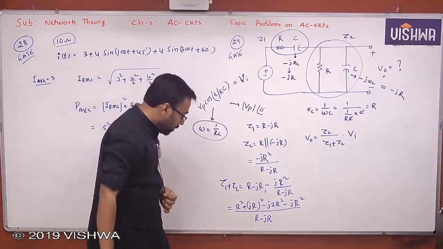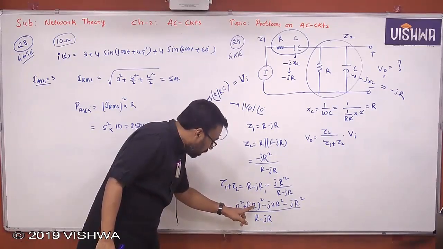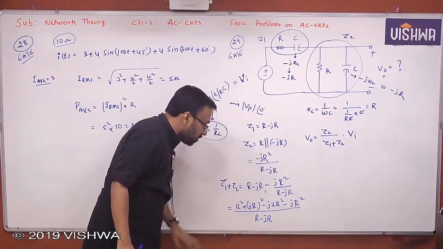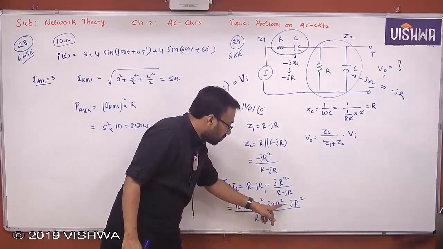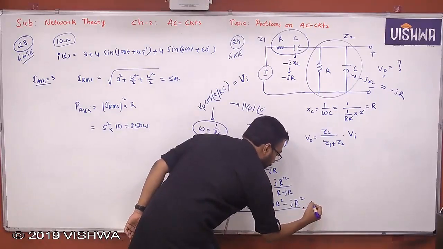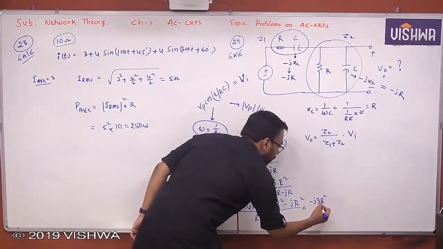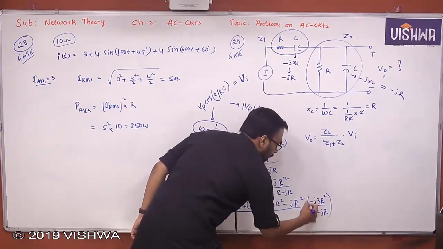Now you get, look at this, minus j square into R square. Minus j square is minus 1. So R square into minus R square will get cancelled. Finally, you are left with minus j 2R square minus jR square, that is minus j 3R square by R minus jR. I hope you understand the point.